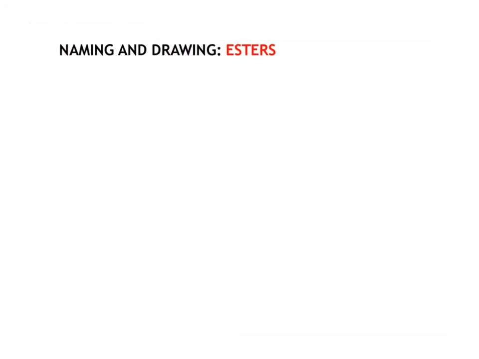So when we name and draw esters, let's first look at an alcohol. We'll look at the alcohol methanol. Methanol is a 1-carbon alcohol. I don't need a number because there's only one OH.